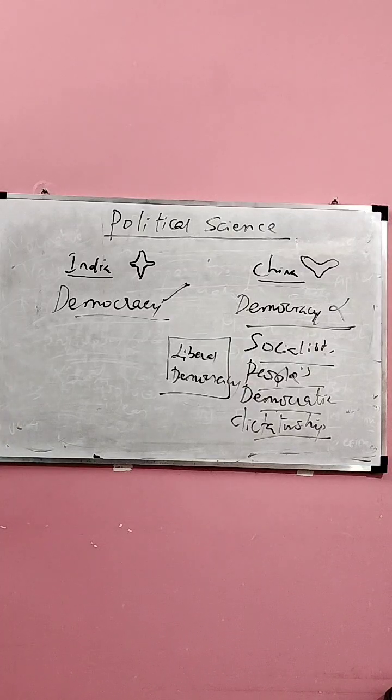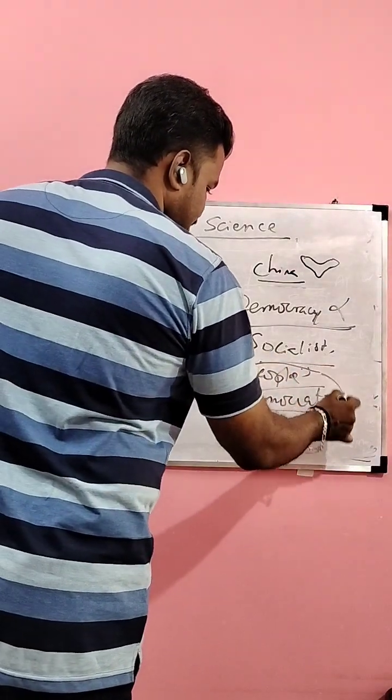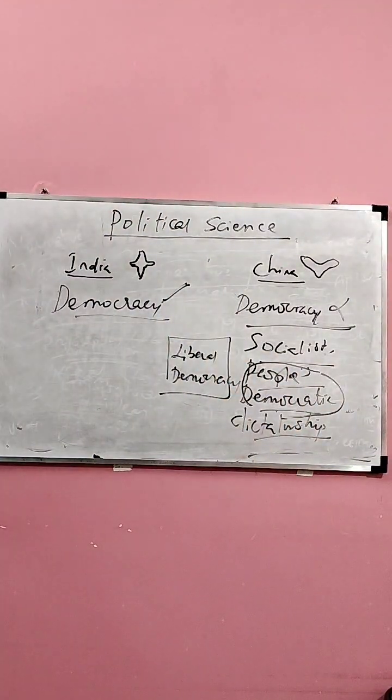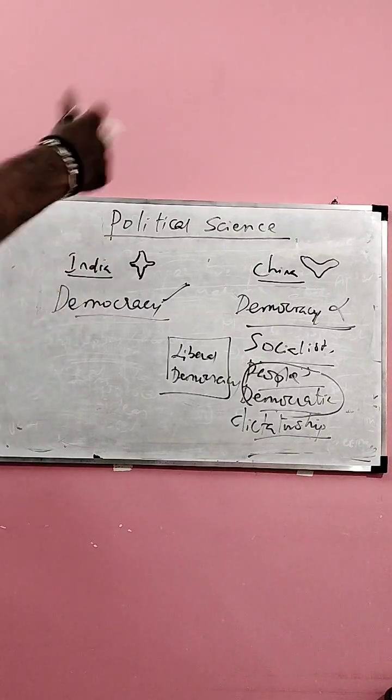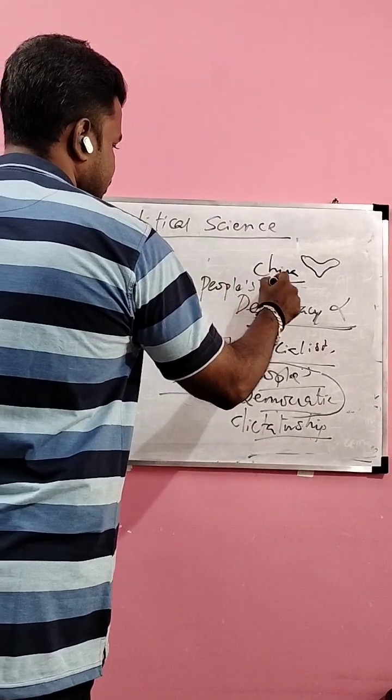I have not written them exactly as they are found in the constitution of China, but this is how the Chinese constitution defines China. It says that it is a people's democracy, a people's democratic dictatorship. So China will say that it is a people's democracy.